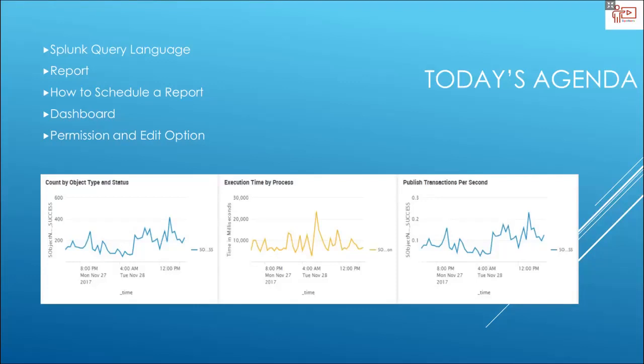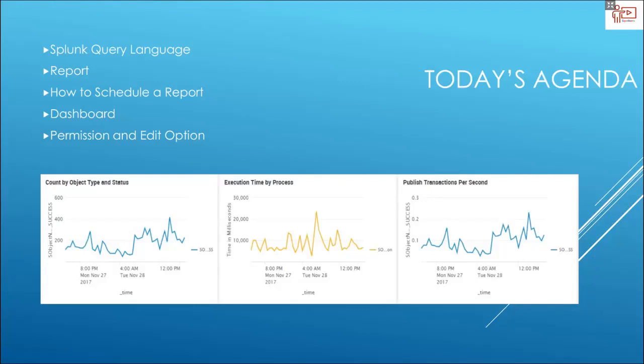So what we are going to cover today? Today we are going to cover a few commands in Search Processing Language (SPL), and how to create a brand new report, how to create a brand new dashboard, how to add any report to any dashboard, how to add a panel to a dashboard, then how to schedule a report to run monthly, weekly, daily, or hourly, and how to edit permissions.